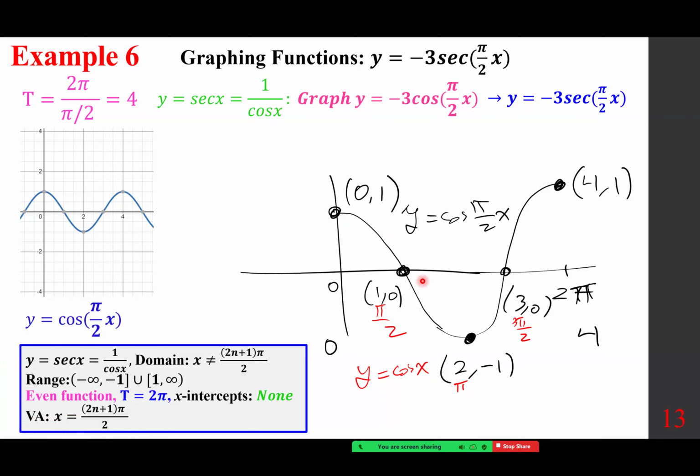Again, take a look at what I have here for you. Let me use a red color here. I used red there. Let me use a green one. So this is 0, 1. This is 1, 0.